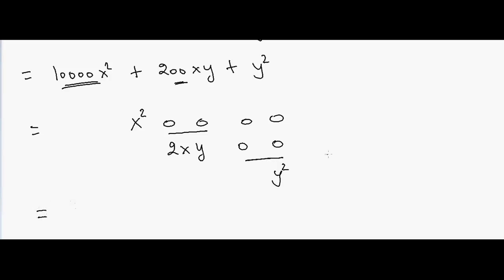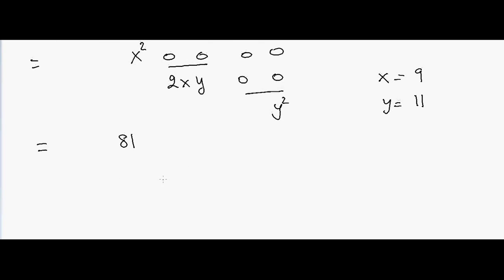So again, if I have x is equal to 9 and y is equal to 11, then you can see that 9 square is 81. So there is no limit for x square here, right? And then we have 2xy, so 2 into 9 into 11, that will be equal to 18 into 11, and that will be equal to 198.